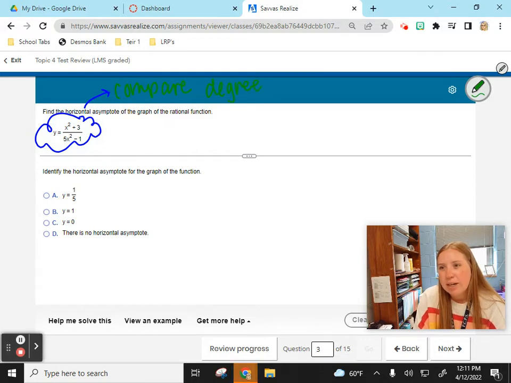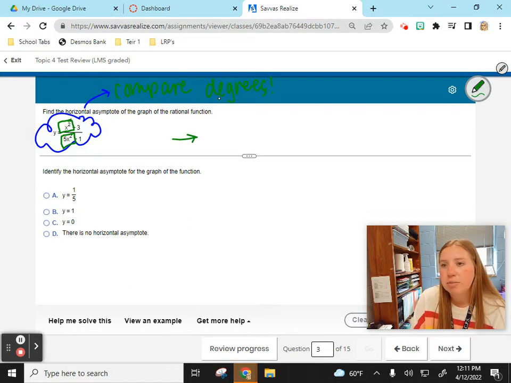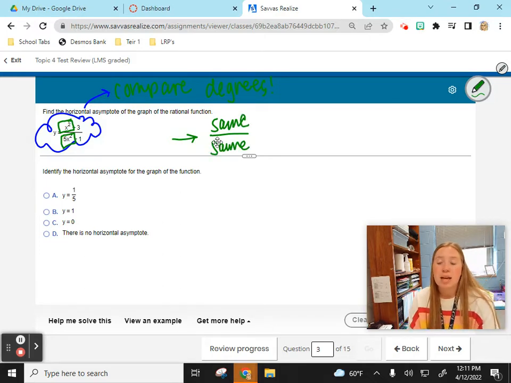We have to compare the degrees of my function. So we had 3 different cases, but all of them require us to know what our degrees are. So the degree of my numerator is 2, and the degree of my denominator is 2 as well. So this is the case where we are writing out that it's same over same.